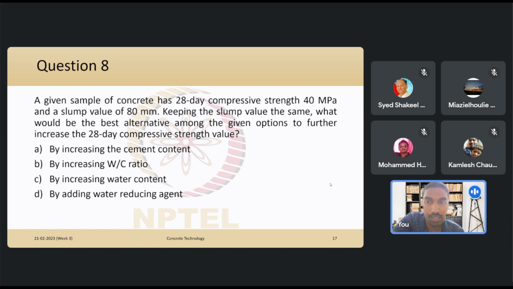So we don't want higher W by C. So we'll get more strength when your W by C is smaller, right? Okay, so then let me explain.